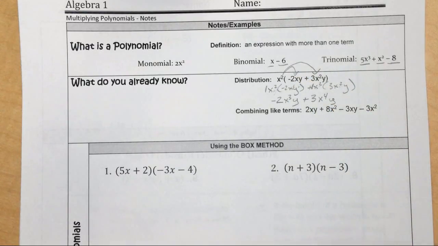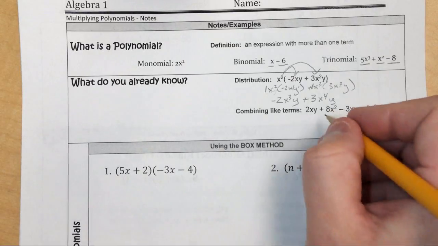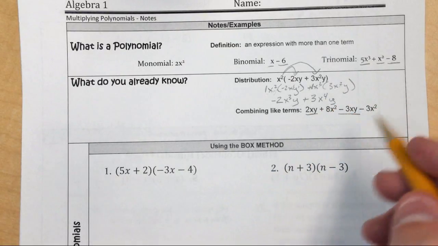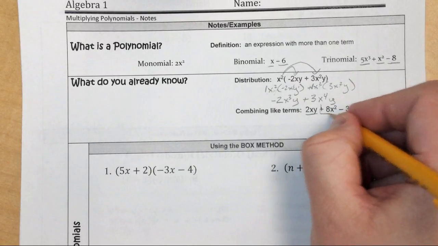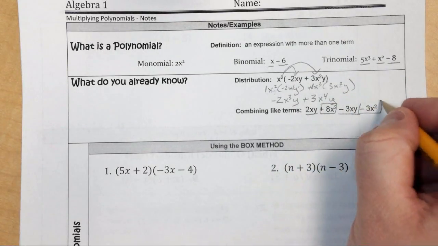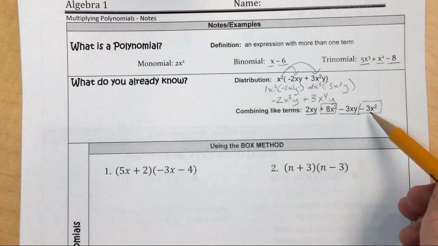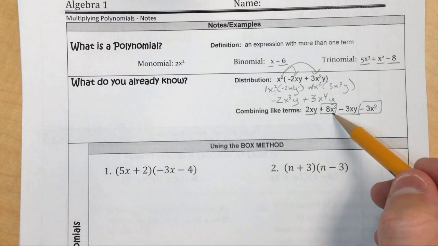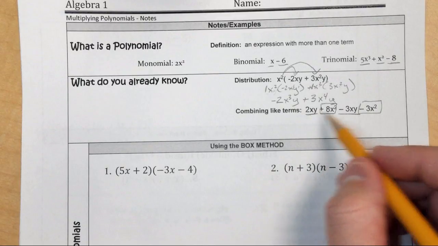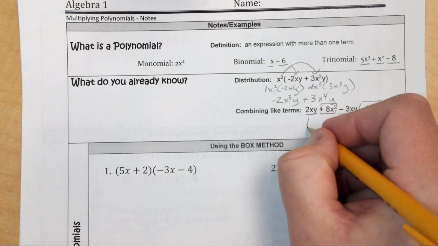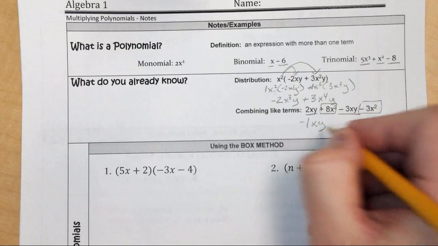And then combining like terms. So notice here, these two are like terms because they both have one x and one y. And then this 8x squared and -3x squared, these are like terms because these both have an x squared in there. So when I combine like terms, my 2xy minus 3xy is just 1xy, or minus 1xy.